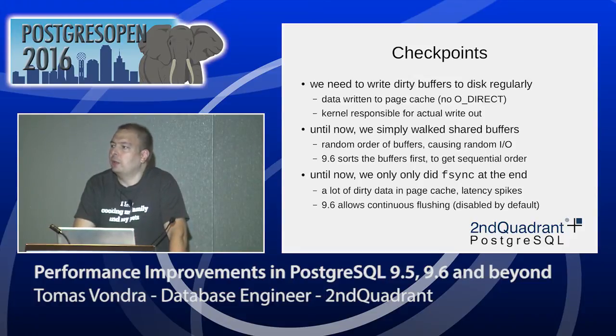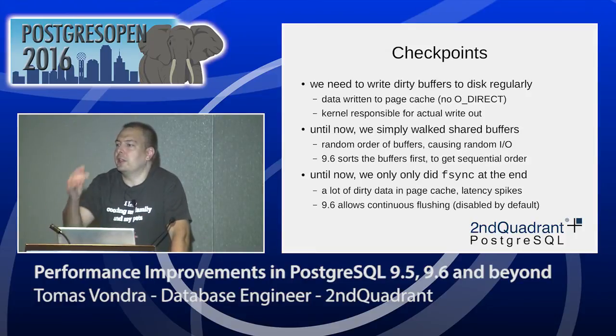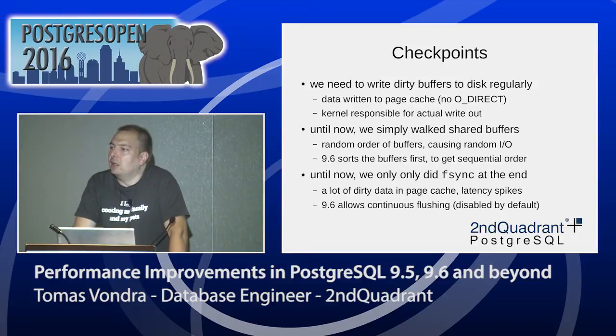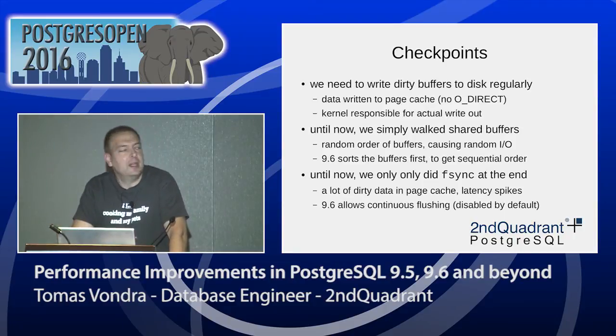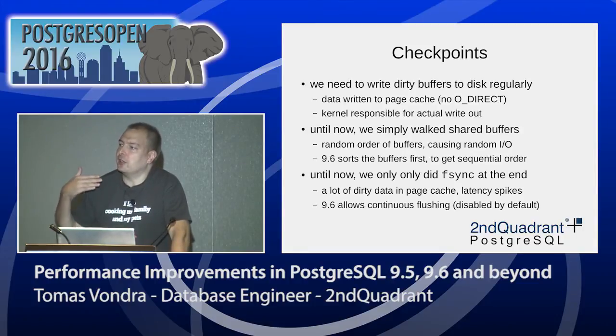We don't really want to abandon the file system idea and the page cache idea immediately. So instead, what we decided, or what Andres implemented, is playing nice with the kernel. Instead of writing data in some random order and leaving all the optimization up to the operating system, what we do is we try to write the data in a sequential manner.